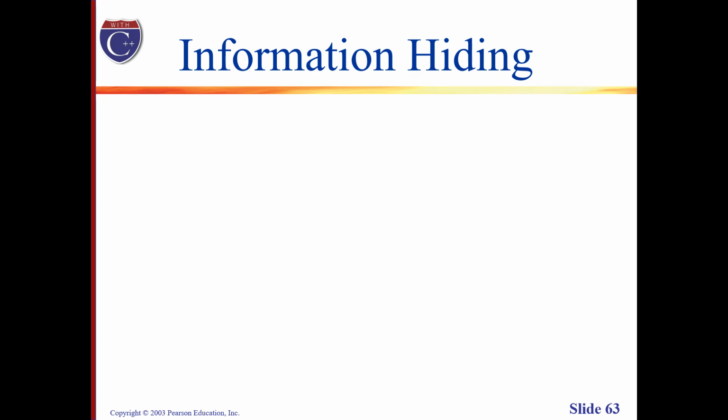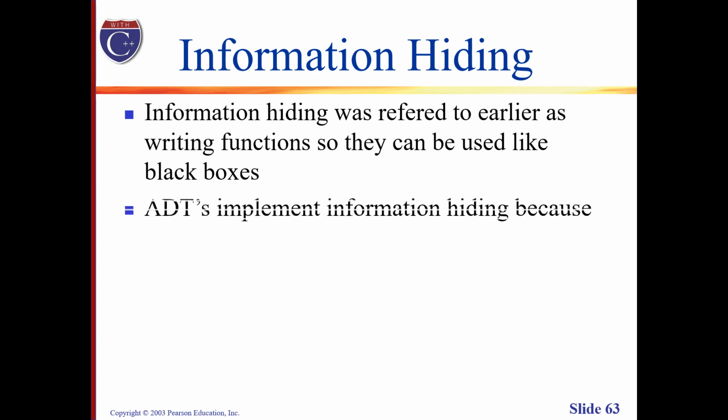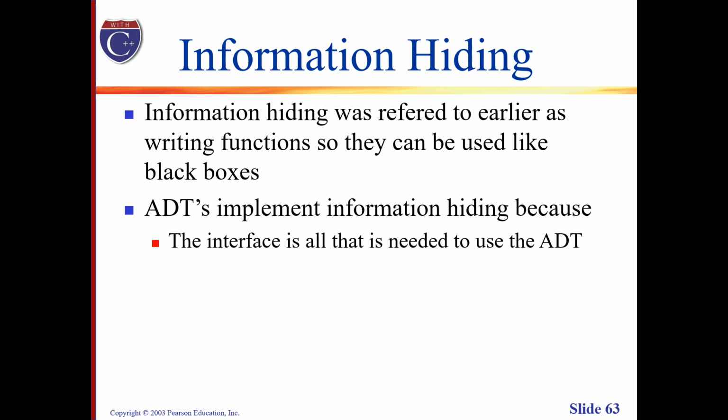This gives way to the concept of information hiding. Information hiding is actually a very popular concept in object-oriented programming. Information hiding was referred to earlier as writing functions so they can be used like black boxes. In this case, ADTs implement information hiding for the reason that, first, the interface is all that is needed to use the ADT.